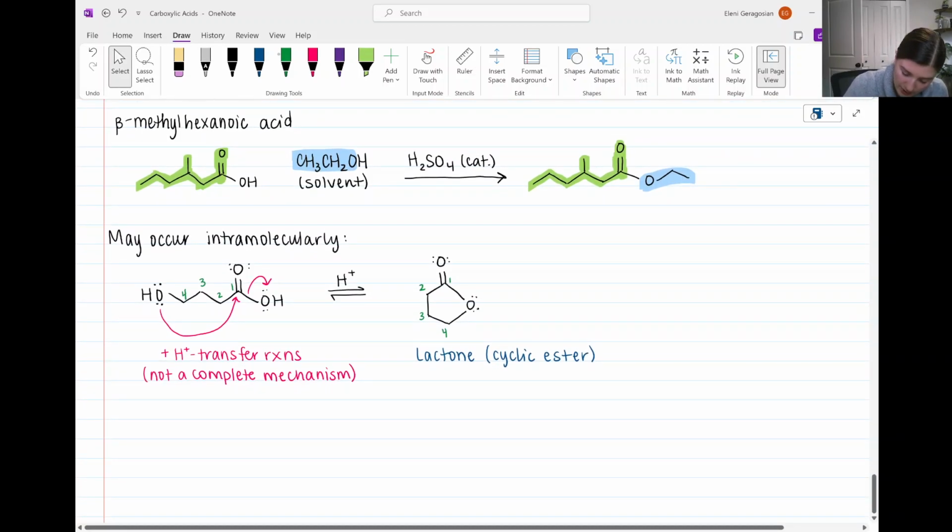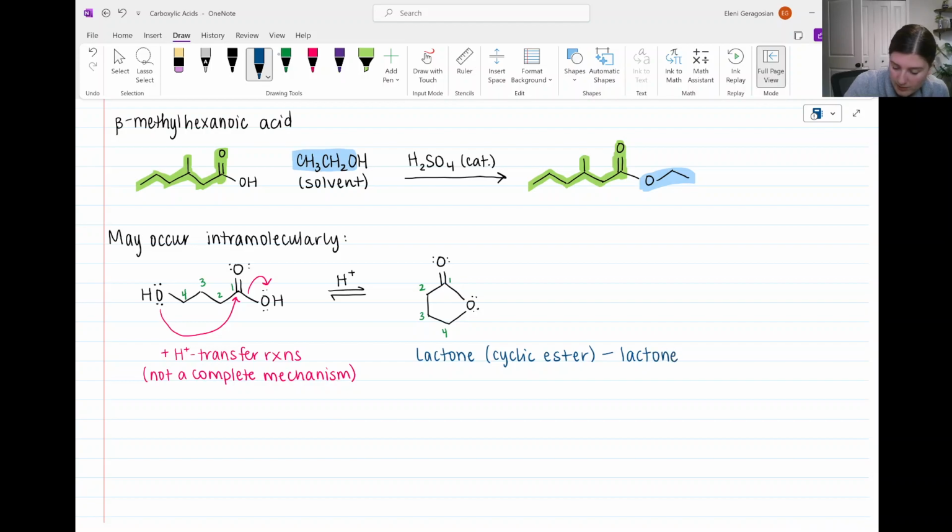Lactones and lactone derivatives are often used as flavors and fragrances. Lactones have a fruity and dairy scent or flavor.